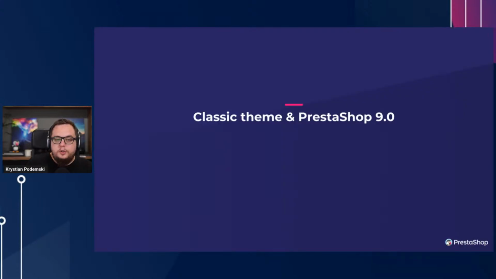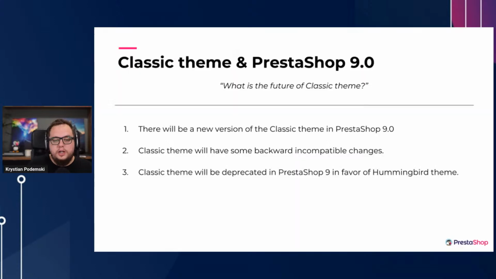And the next news is about the classic theme and PrestaShop 9.0. As you probably can tell, the future is Hummingbird, but I would like to share with you some of the news regarding the classic. First of all, there's a question: what is the future of the classic theme? The project members decided that there will be a new version of the classic theme for PrestaShop 9.0.